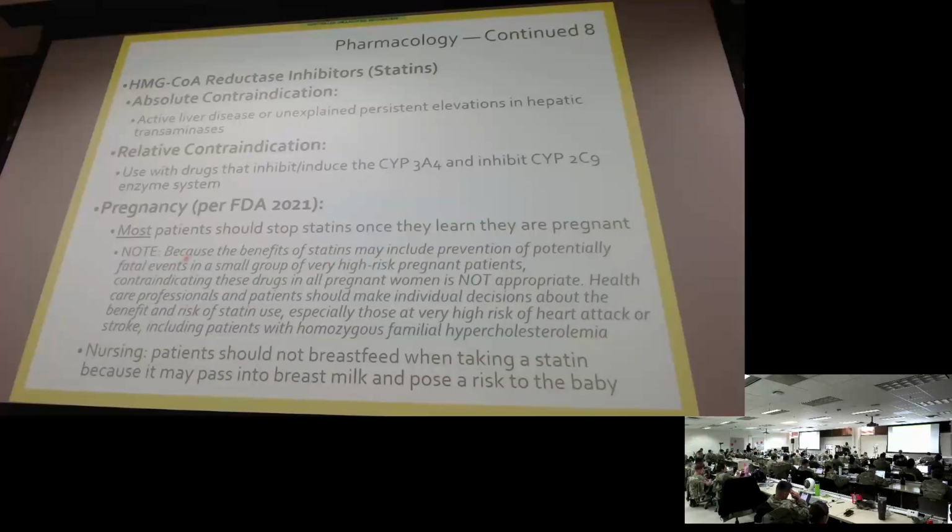And again, that's PR, our same pravastatin that we talked about with the protein binding, right? So most of the time, patients should not continue to take a statin if they're pregnant. They're very nuanced things. What I want you to remember is the answer is no. Most of the time when we talk about it, the answer is no. If you had to in real life pick one, your pravastatin is your best bet.